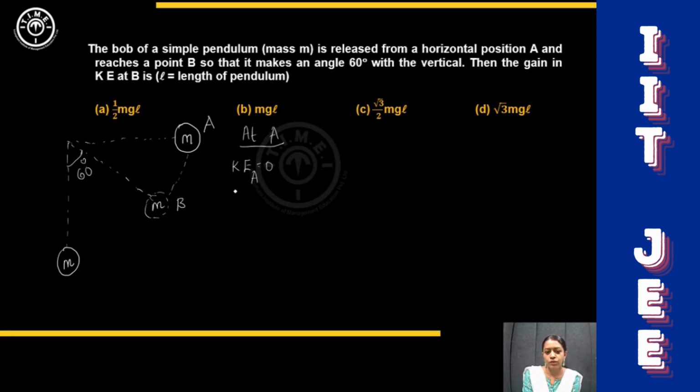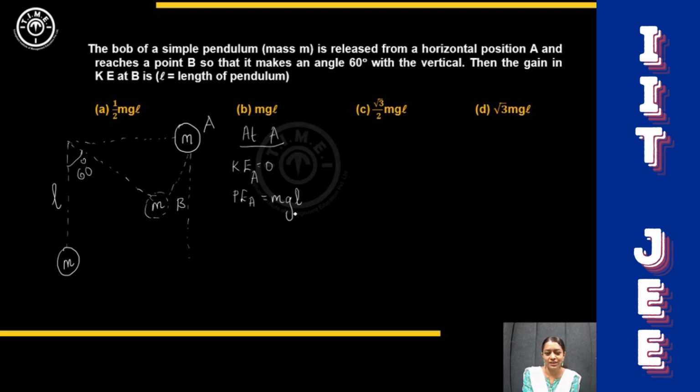And what about the potential energy at point A? That is given by the equation mgh. So here in place of h, you have to substitute this distance, right? What is that distance? That is actually the length of the pendulum rod, isn't it? So here the potential energy of the pendulum bob when it is at point A can be given by mgl.